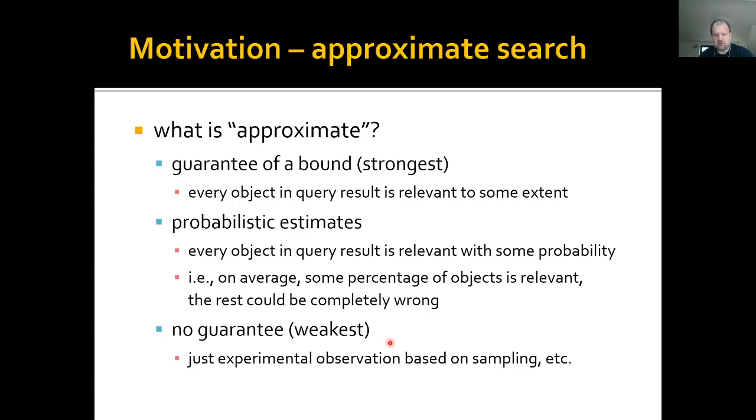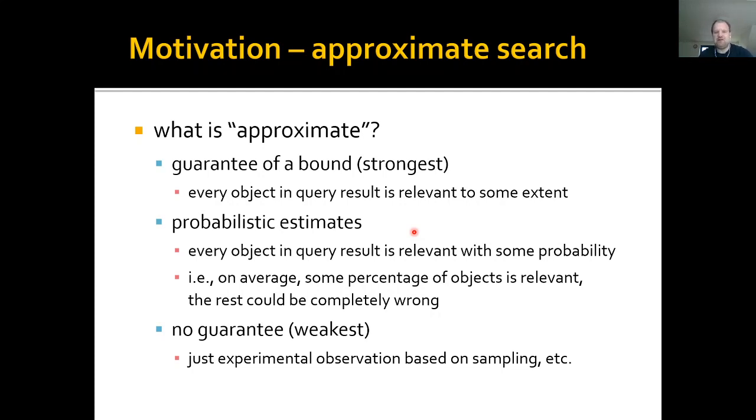So this is mostly used for cases where we don't have sufficient input for creating, for example, probabilistic theory, because in the probabilistic estimates, we need to know, for example, the distribution of the data, and most of the probabilistic estimates work with normal or uniform distribution, and this is not the case of real world data sets.